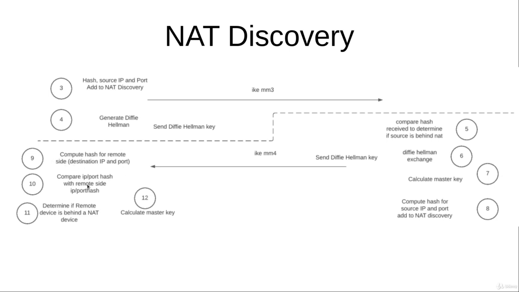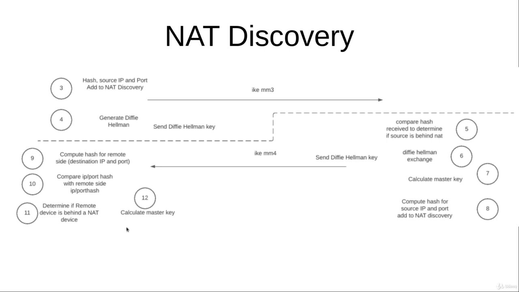It checks the hashes received from the responder to see if any of them matches its own calculation. This is step 10. None of the hashes provided in the responder's message 4 match. So it determines that the remote IKE gateway, the responder, is behind a NAT device. This is step 11. The reason is that the hash it's expecting back didn't turn up.